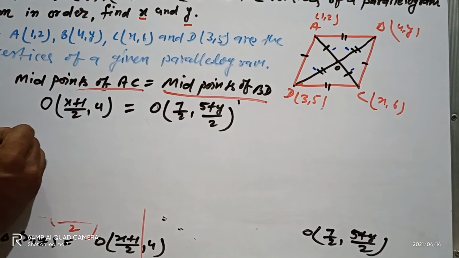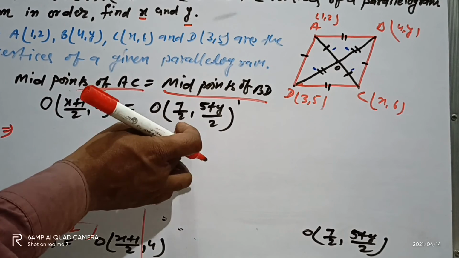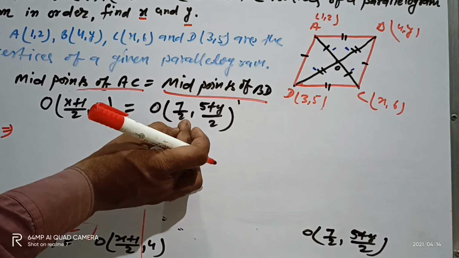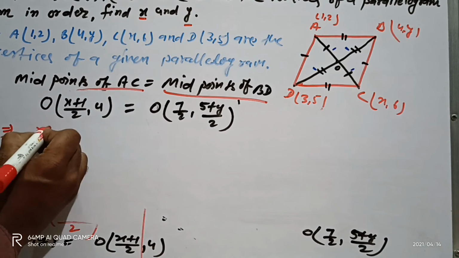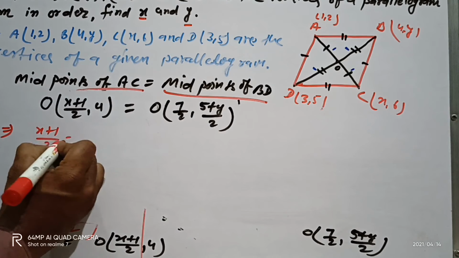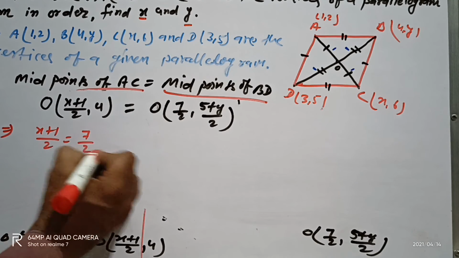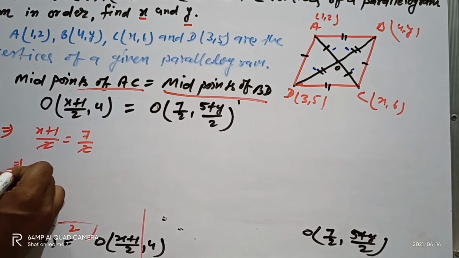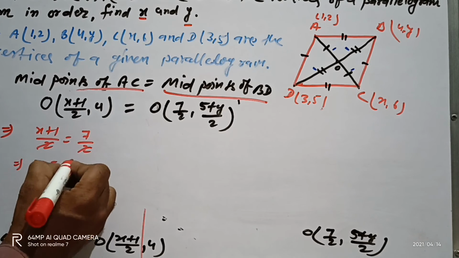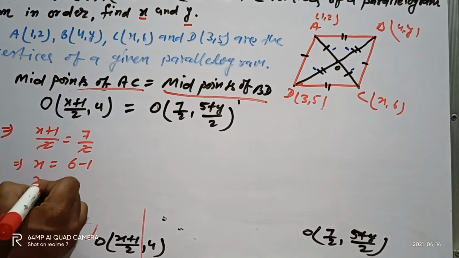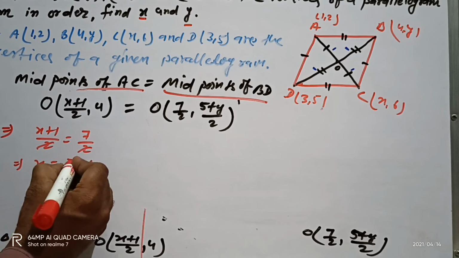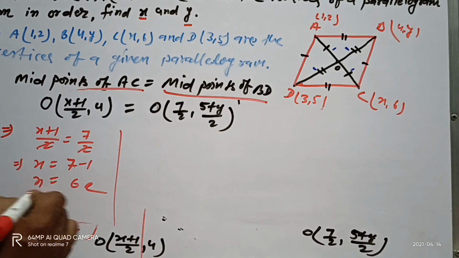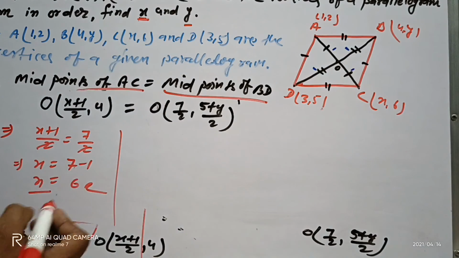Whatever the value of x is here, it will be the value of x here. So we can write (x + 1) by 2 equal to 7 by 2, no problem at all. So the 2 will cancel. So the value of x will be: if 1 comes to this side, it will be 7 minus 1, and the value of x will be 6. So we have got the value of x that we had to find.